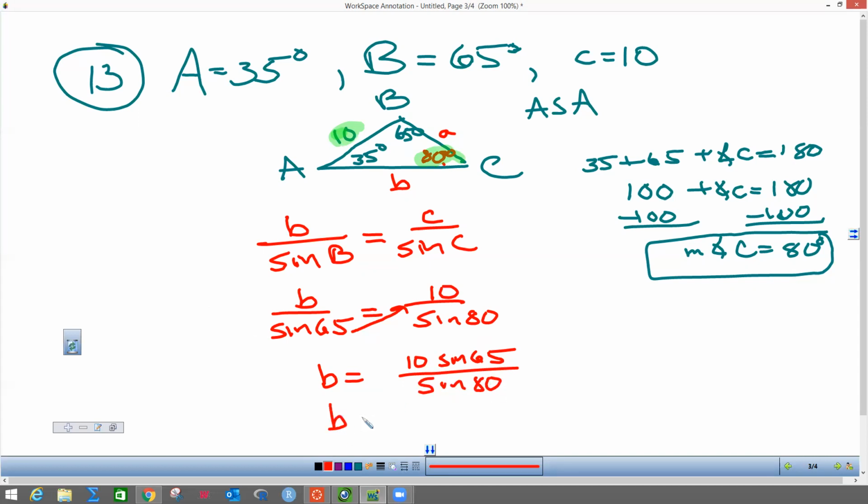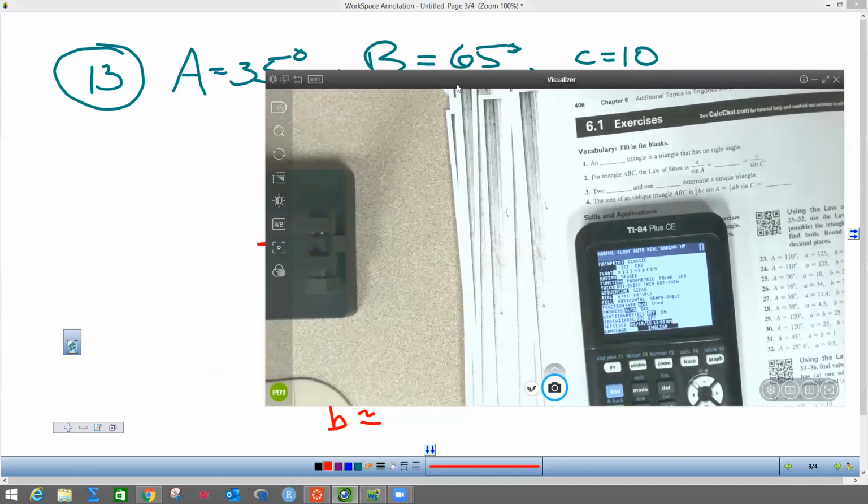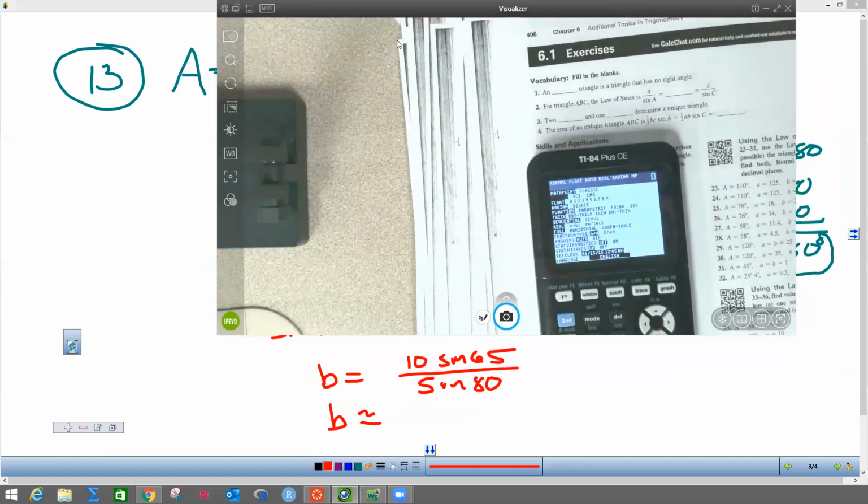Now I have to get out my calculator. So your calculator's got to be in what kind of measurement? Can't hear you. Degrees. So make sure your mode's in degrees. And then we're going to type this in and round it to how many places did we say? We're going to round it to 3 places so I can see this thing down there.